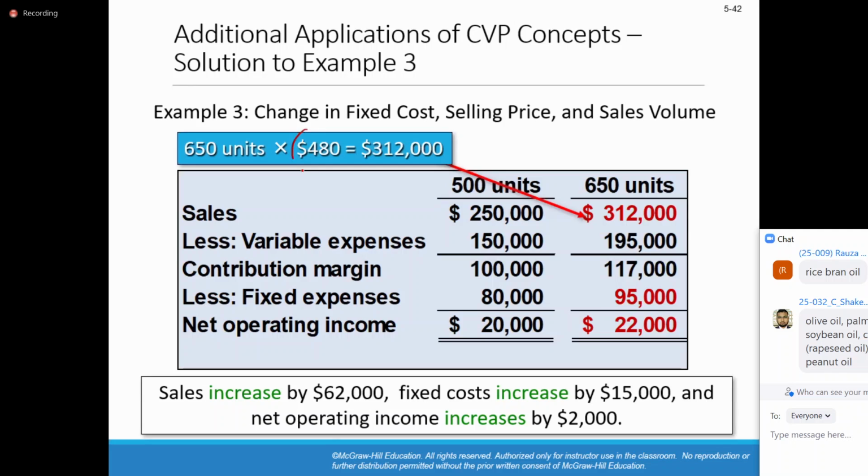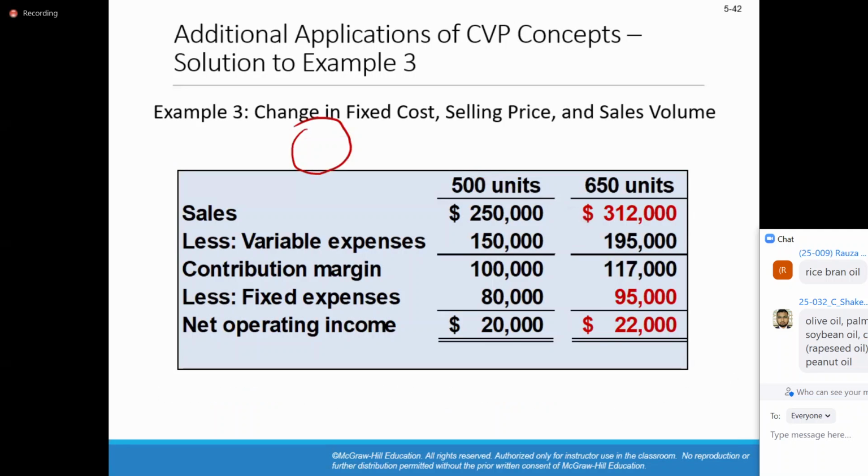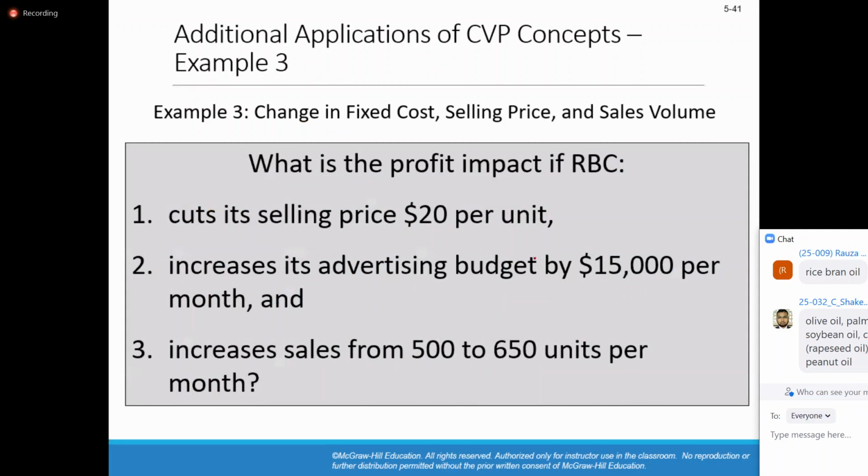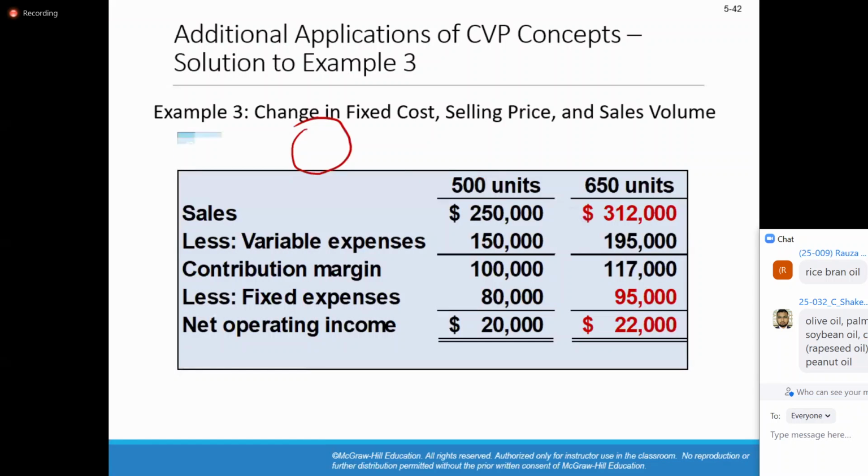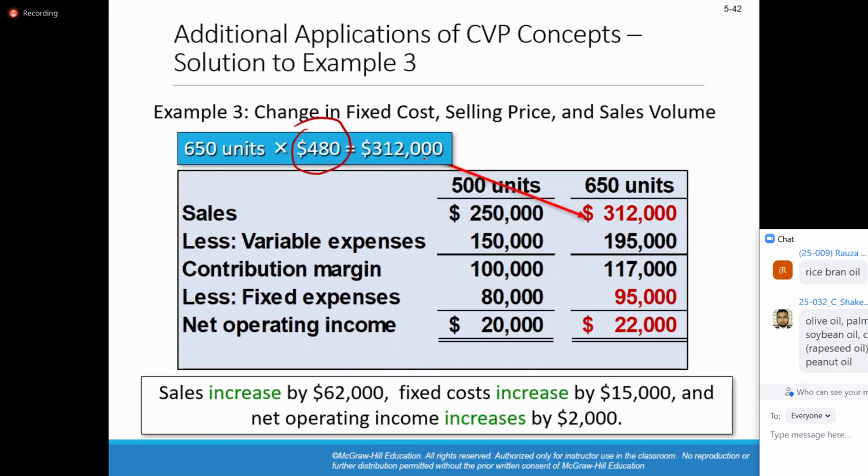Yes, the selling price has decreased by 20. So our existing selling price is 500, and it is now 20 less, 480. So it should be 650 multiplied by 480. And there has been no change in variable expense, so it is the same, 195,000.